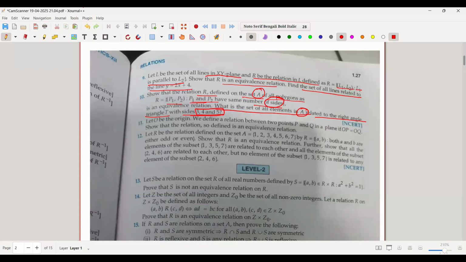Question 11. Let O be the origin. We define a relation between two points P and Q in a plane if OP equals OQ. Show that the relation so defined is an equivalence relation.